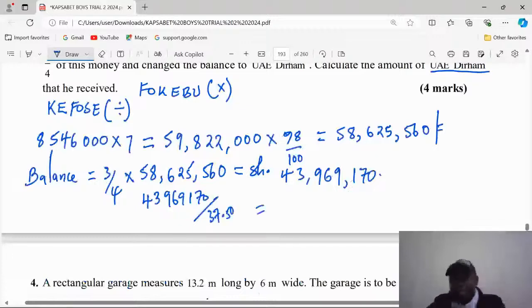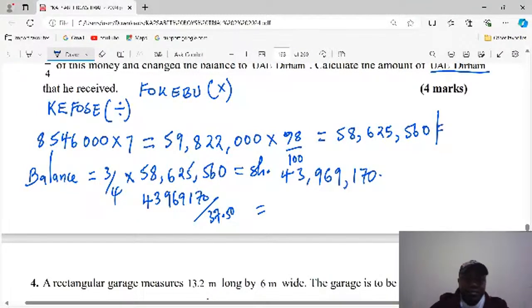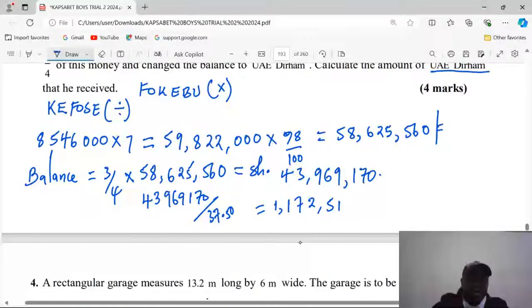So this is giving us 1,172,511.20. That is UAE dirham.